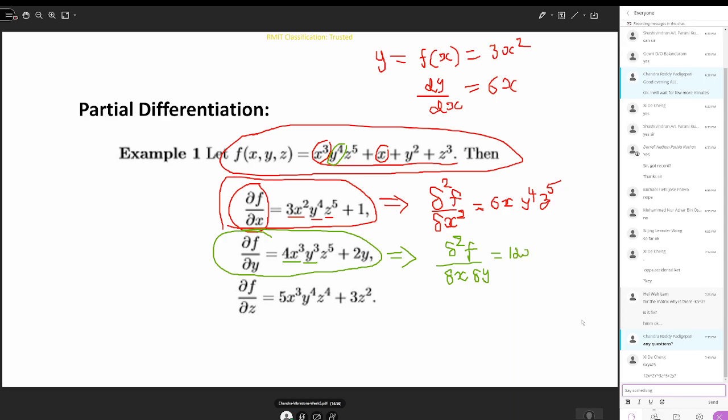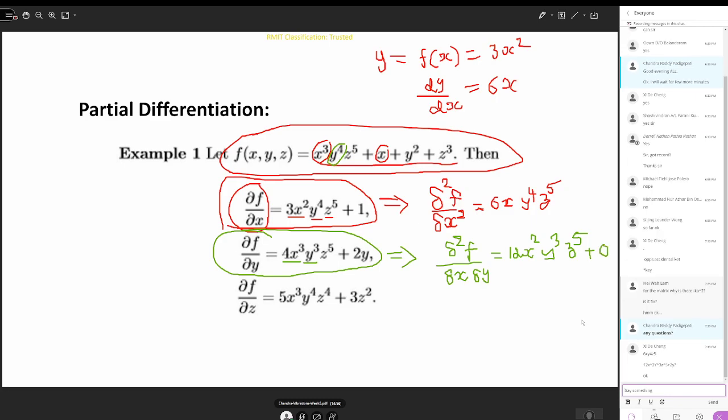Then you can keep the y³ z to the power of 5 the same way. There is no 2y because you cannot differentiate y with respect to x, so plus 0. Is that clear, DJ? Yeah. So it will be only 12x² y³ z to the power of 5.